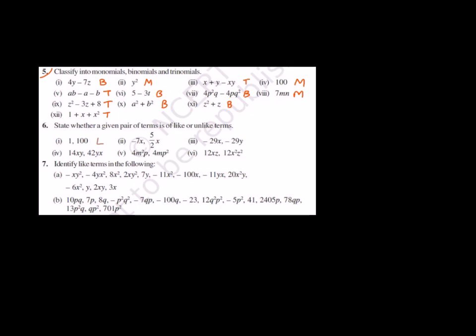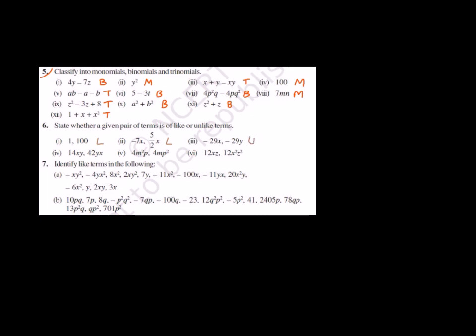In the second one, minus 7x and 5 by 2x. You can see in both these terms the variable is only x with single power, so these two terms are like terms again. In the third one, the coefficients are same, minus 29x and minus 29y. The coefficients are same, but the variables are different. So these are unlike terms.